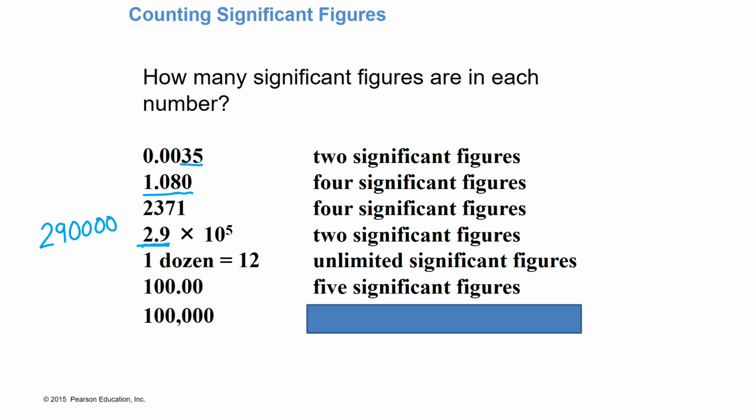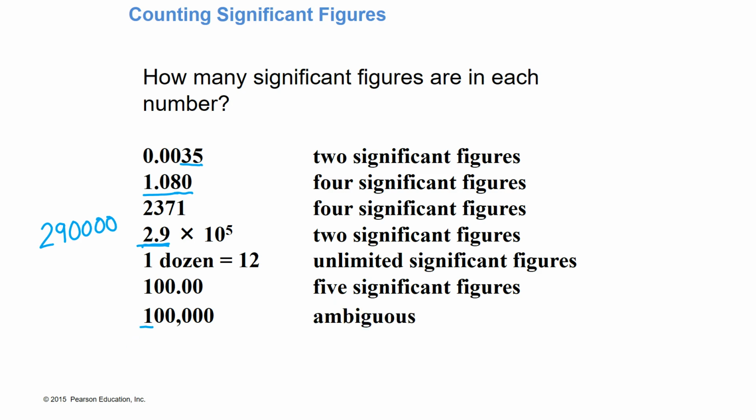Sorry. And just go ahead and check. So for 100.00 is 5 sig figs. And then this last one, 100,000 with no decimal point, how many sig figs? One for sure. I would call this 1 sig fig. In the textbook and sometimes on a test, if you're given a choice of ambiguous for it, I would go with that.